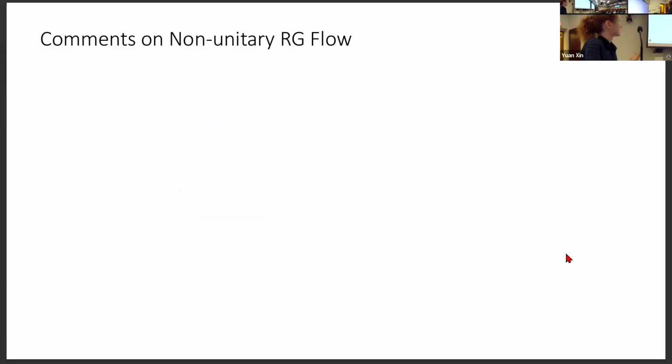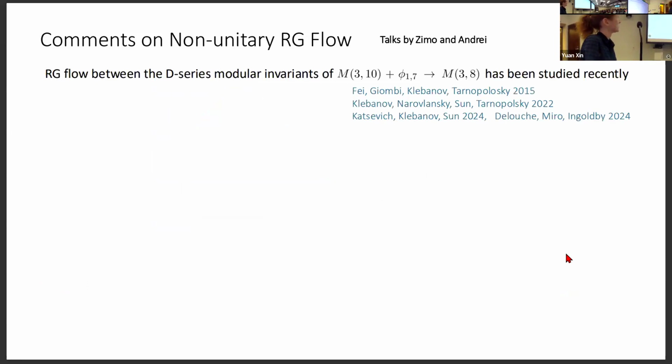So looking at the free energy, we can talk about non-unitary RG flow in higher dimensions between the higher dimensional continuations of these minimal models that Zohar and Andre discussed. So in 2 dimensions, this RG flow between M3,10 and M3,8 has been studied recently, as was described by Zohar and Andre.